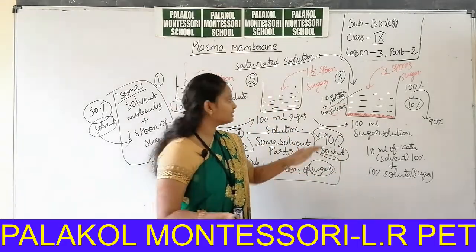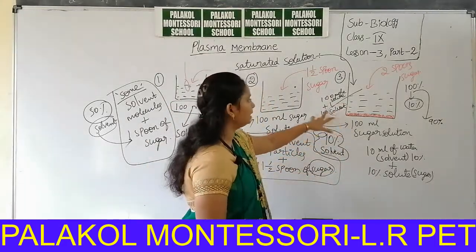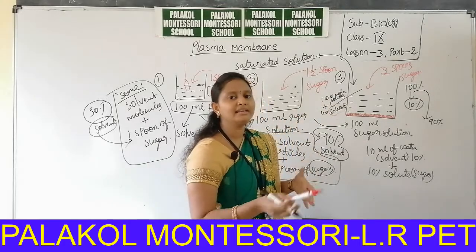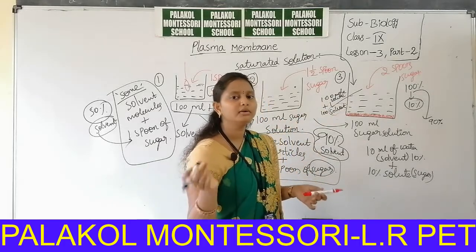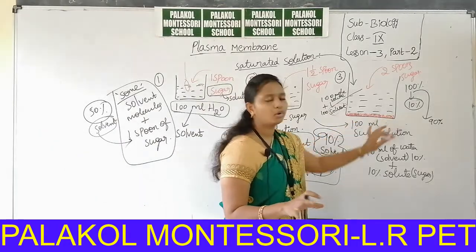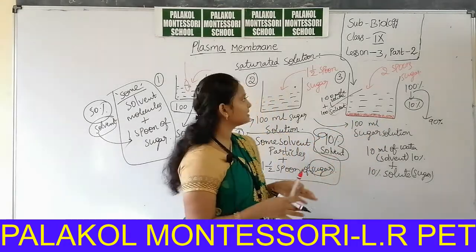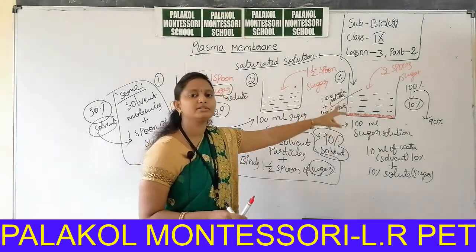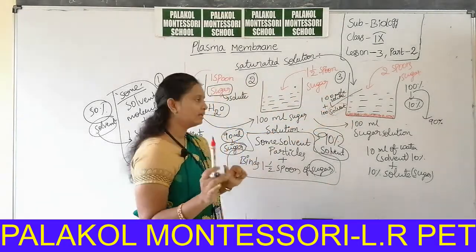So these 100 molecules of solvent bind with 100 molecules of solute, and the remaining 900 molecules of solute settle down at the bottom of the water. This is because of a saturated solution.